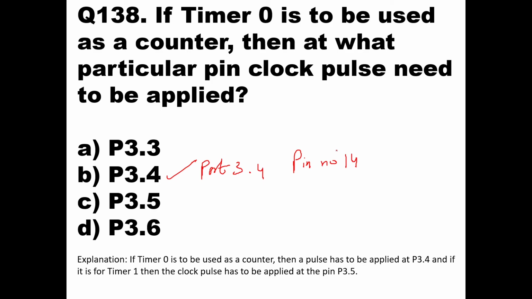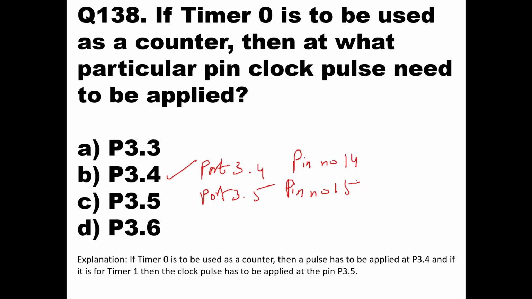Similarly, 3.5 will be for port 3.5, and this will be pin number 15. So according to this question, he has asked for timer 0.